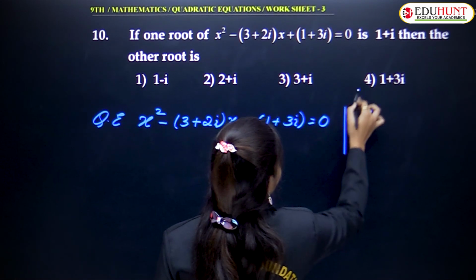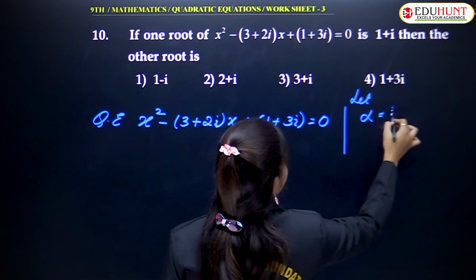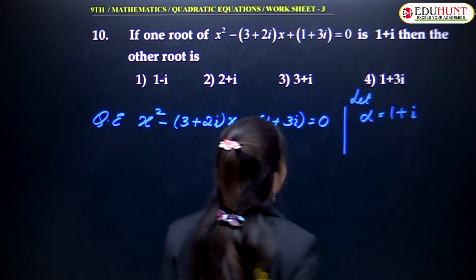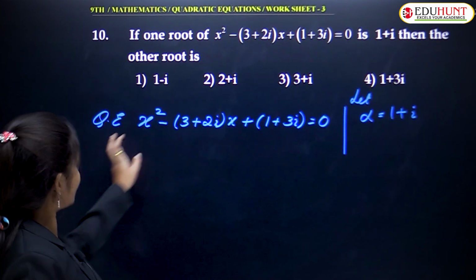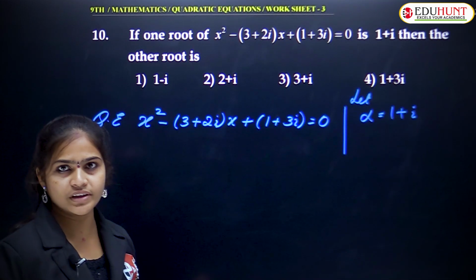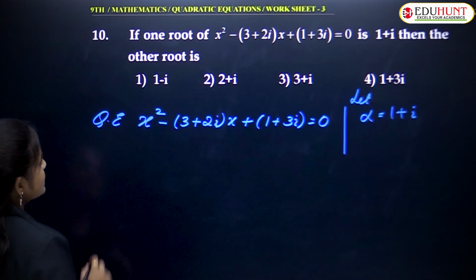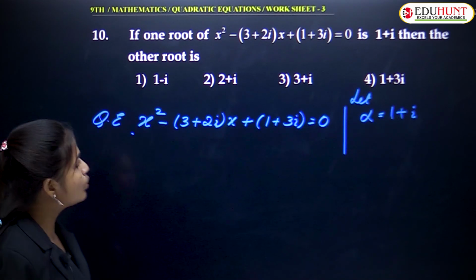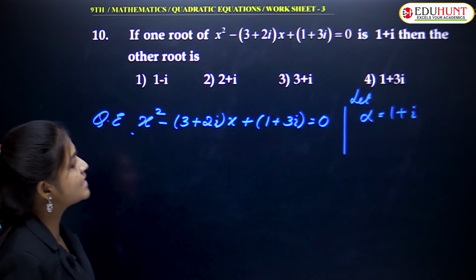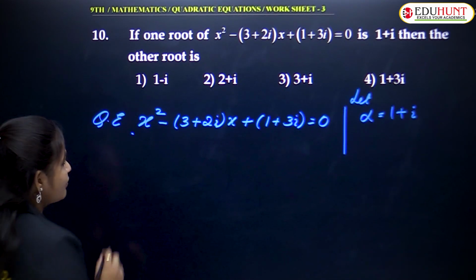So one of the roots, let alpha is equal to 1 plus i. So here directly we should not take that 1 minus i. Why? Because first simplify this, later we will go for that.